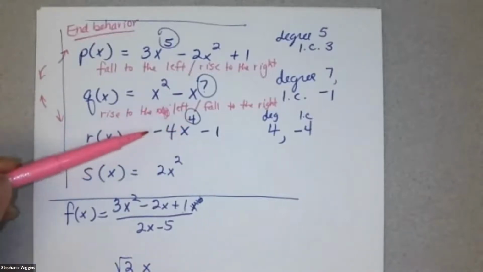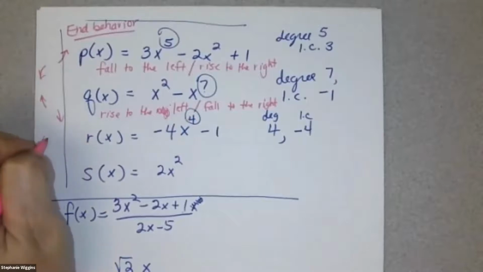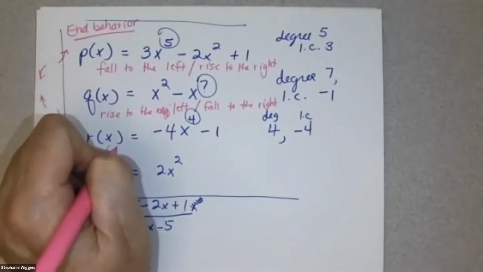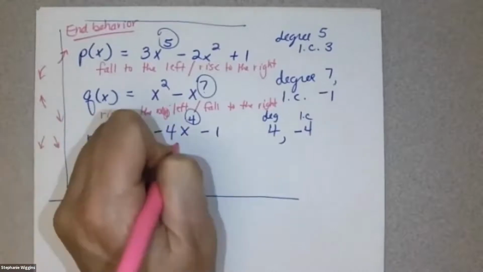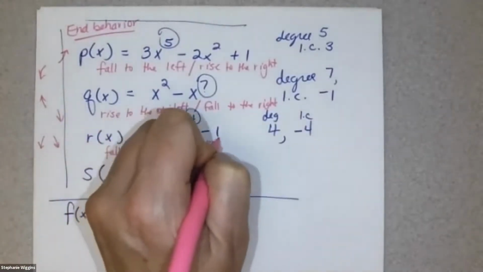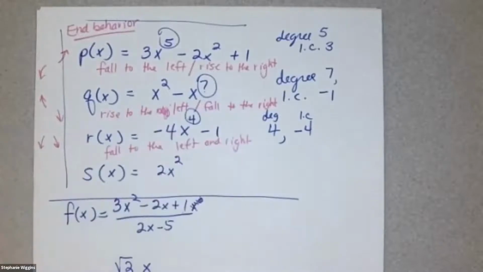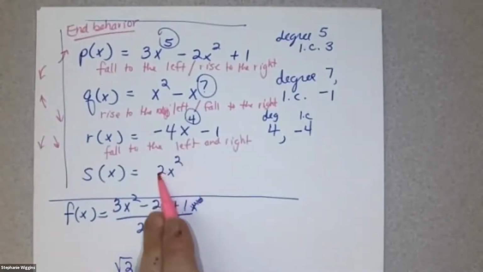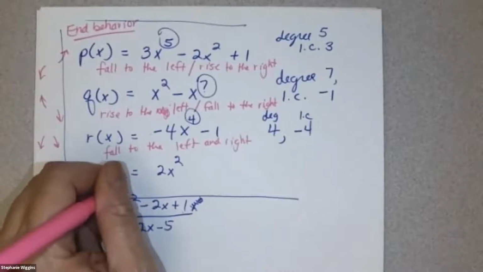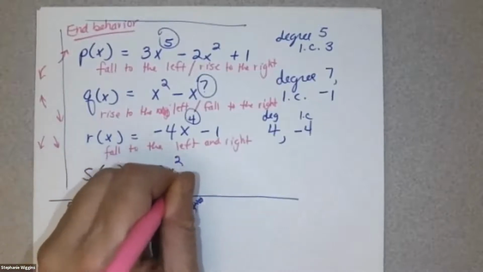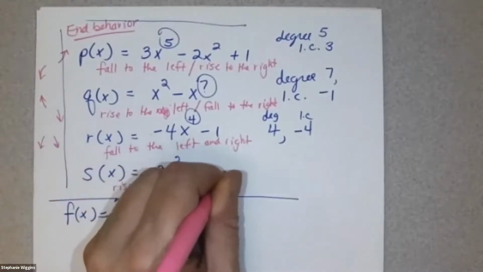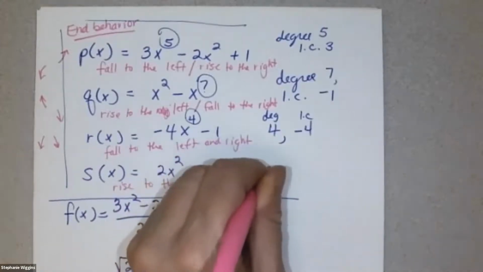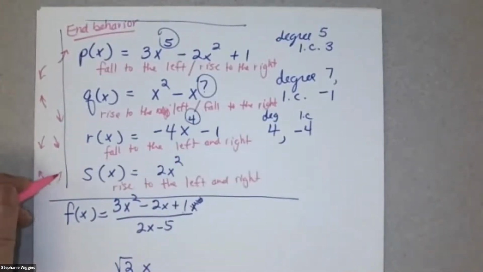Now, when it's even and negative, both sides are going to go down. So you're going to fall to the left and right. And here it's even with a positive, so it's going to rise to the left and right, okay? So that's called end behavior, so know how to interpret that.